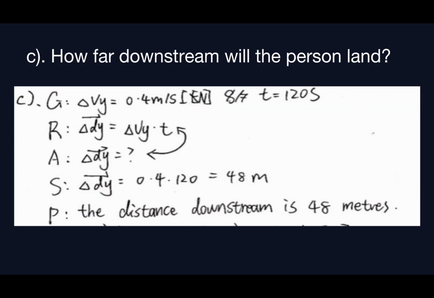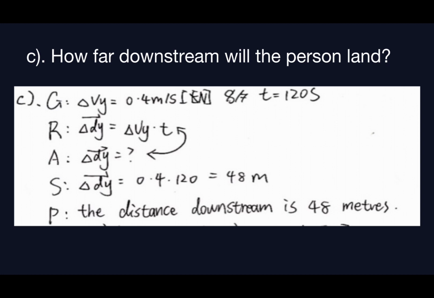So let's take a look at the third question. It says, how far downstream will the person land? This is actually asking for the horizontal component of displacement, like how far the person moves to the east because of the current. By applying the GRASP method, the data we know is firstly the horizontal component of velocity, which is 0.4 meters per second pointing east.